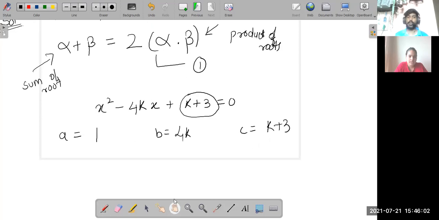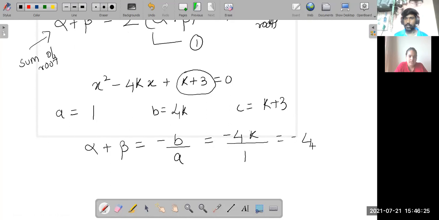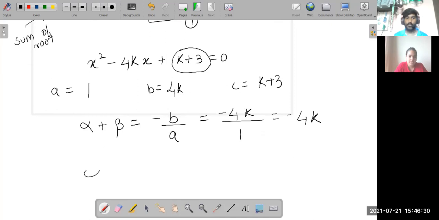Now, what is the formula for sum of roots, alpha plus beta? Minus B upon A. Substitute the values of B and A. So it will be minus of minus 4k upon 1, which is 4k itself. Then the product of roots, alpha into beta: what is the formula?